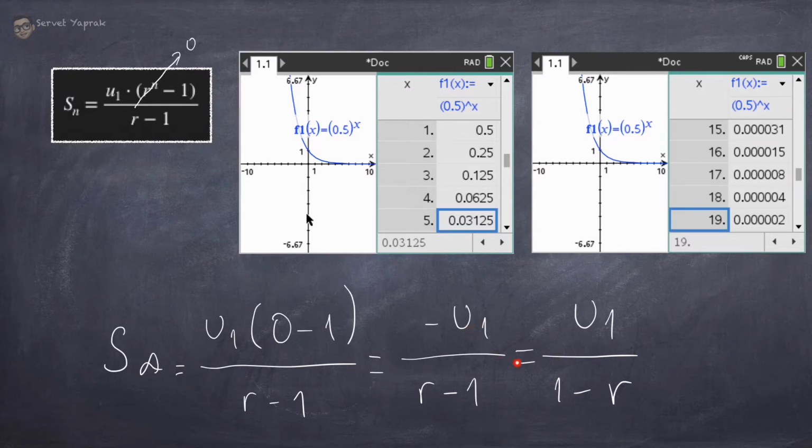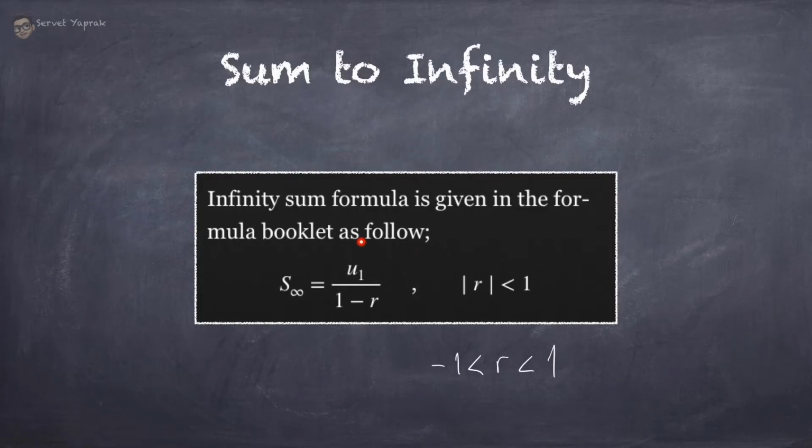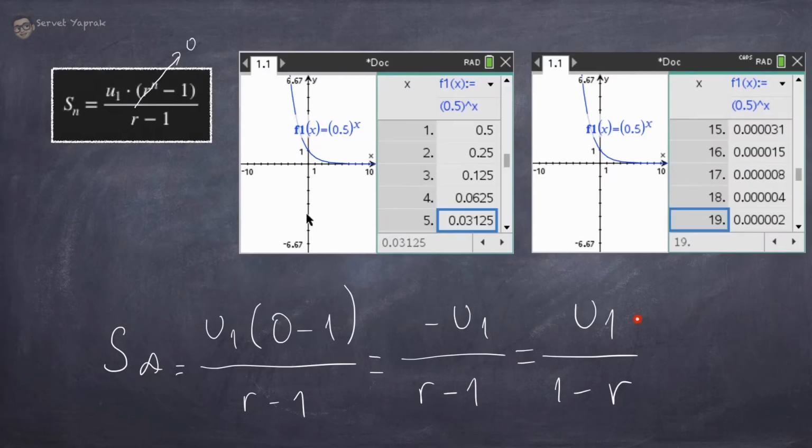Both of them are correct. This is already given in the formula booklet in this format, u1 over 1 minus r, and this is the reason, because if r is between negative 1 and 1, it will be diminished when it approaches infinity.